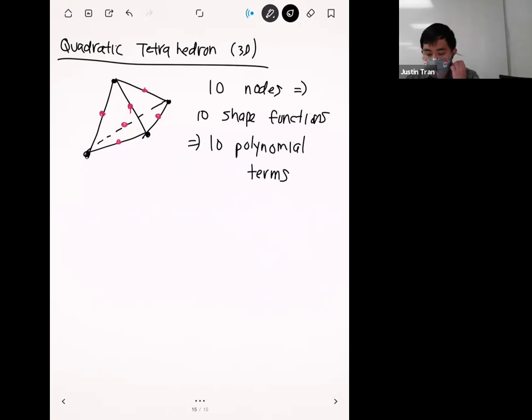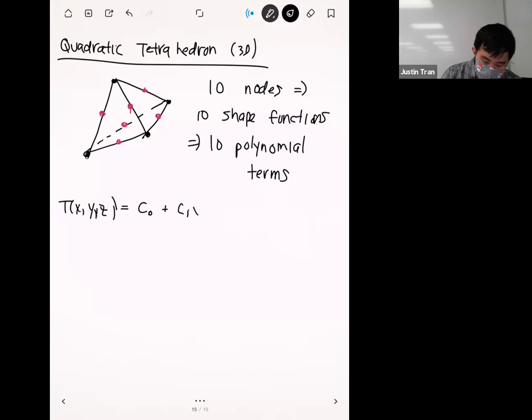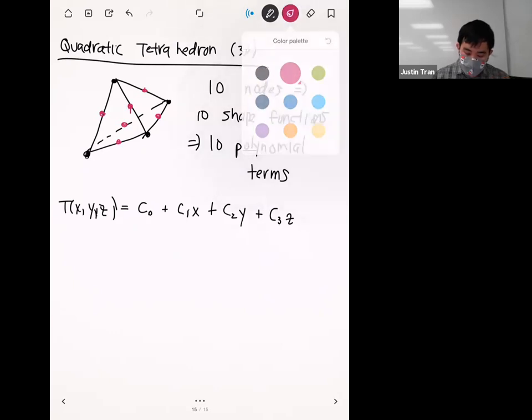Let's go ahead and write out what those terms look like. T of x, y, and z is going to be equal to, first, all of our linear terms from our linear tetrahedron: C0 plus C1x plus C2y plus C3z.